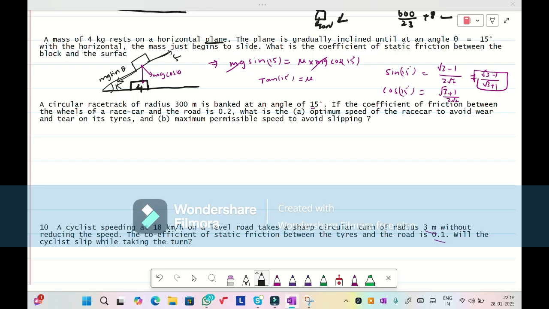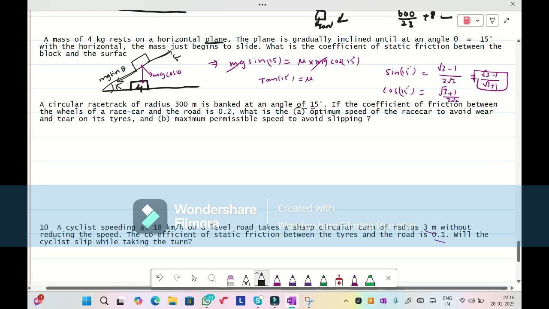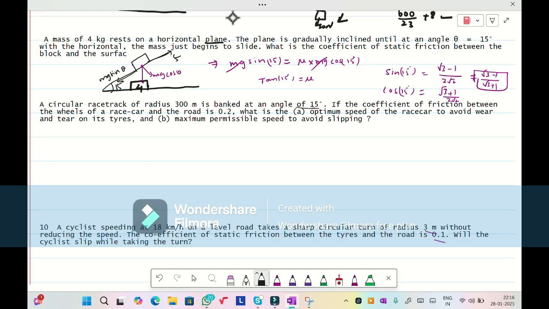The circular race track of radius 300 meter is banked at an angle of 15 degrees. The coefficient of friction between the wheels of a race car and road is 0.2.